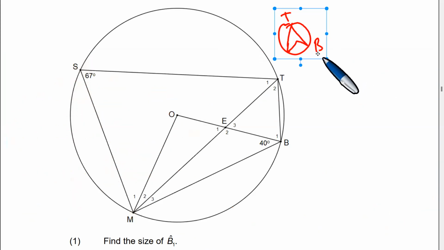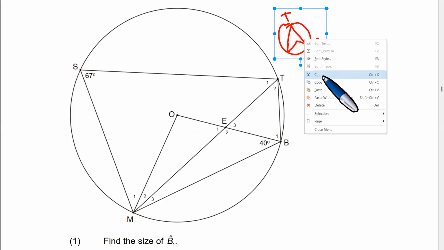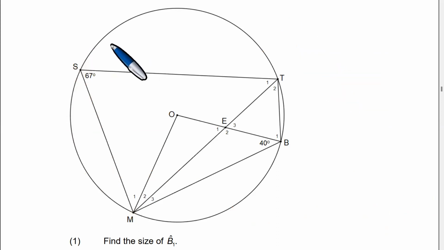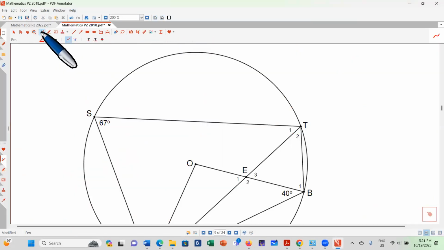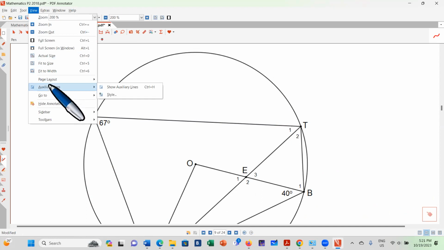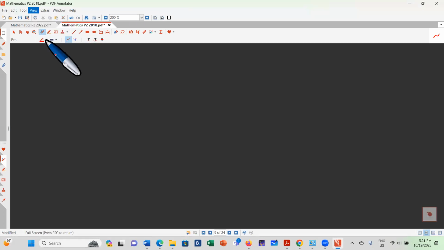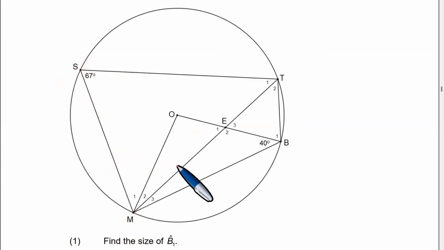Let me remove all this as well. So now we need to find the angle M2. Angle M2, it's this one here.